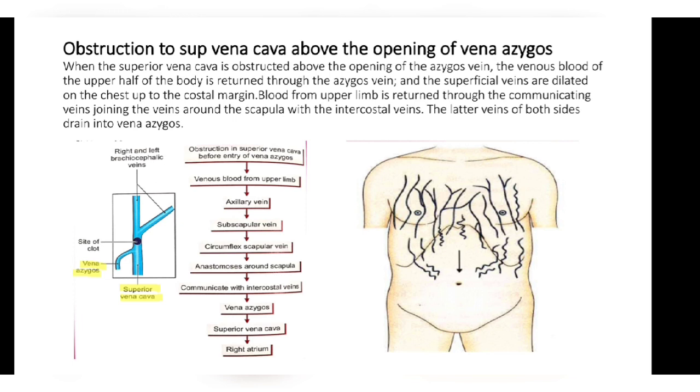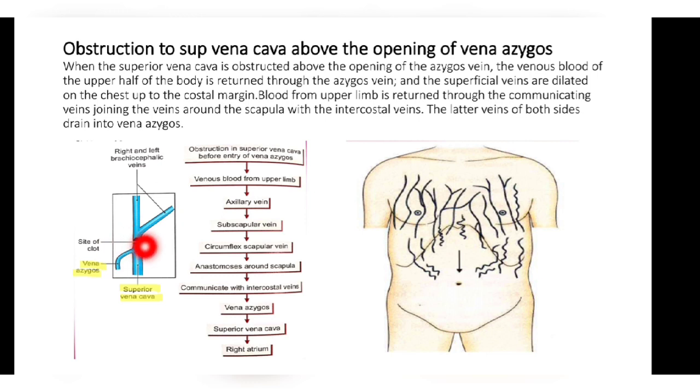Now some applied aspects. Obstruction to superior vena cava above the opening of vena azygos and below the opening of vena azygos. When the superior vena cava is obstructed above the opening of azygos vein, in this diagram we can see this is the superior vena cava, this is vena azygos, and this is the site of clot.